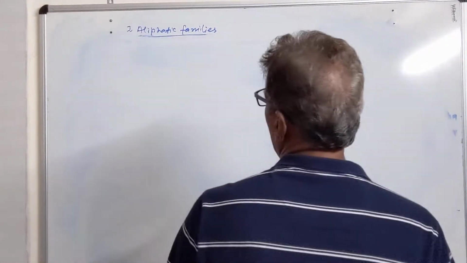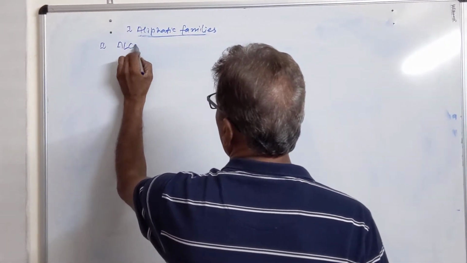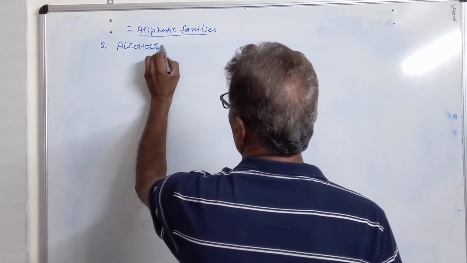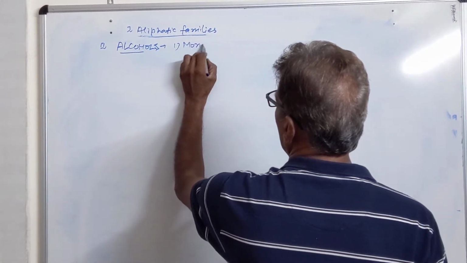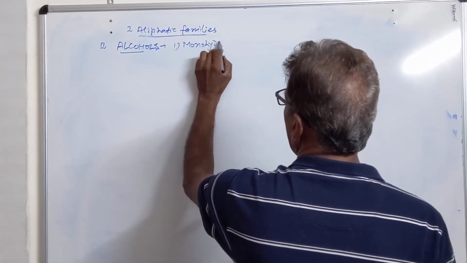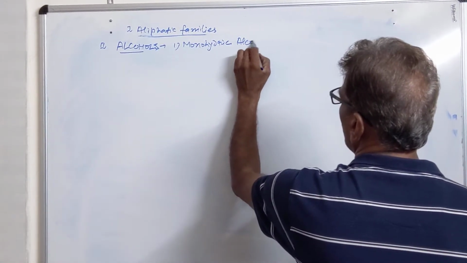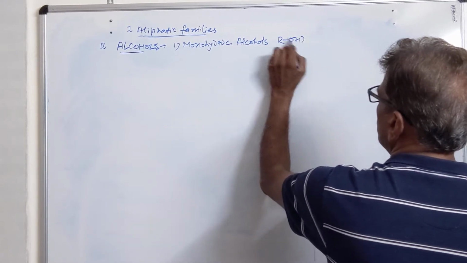So first of all, the second aliphatic family, that is alcohols. Number one, monohydric alcohols. They have only one OH group.